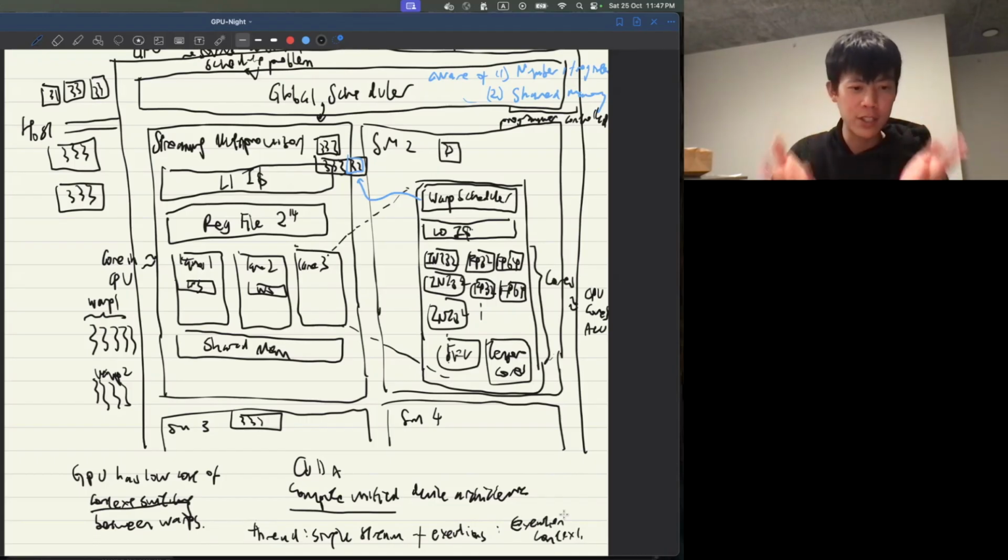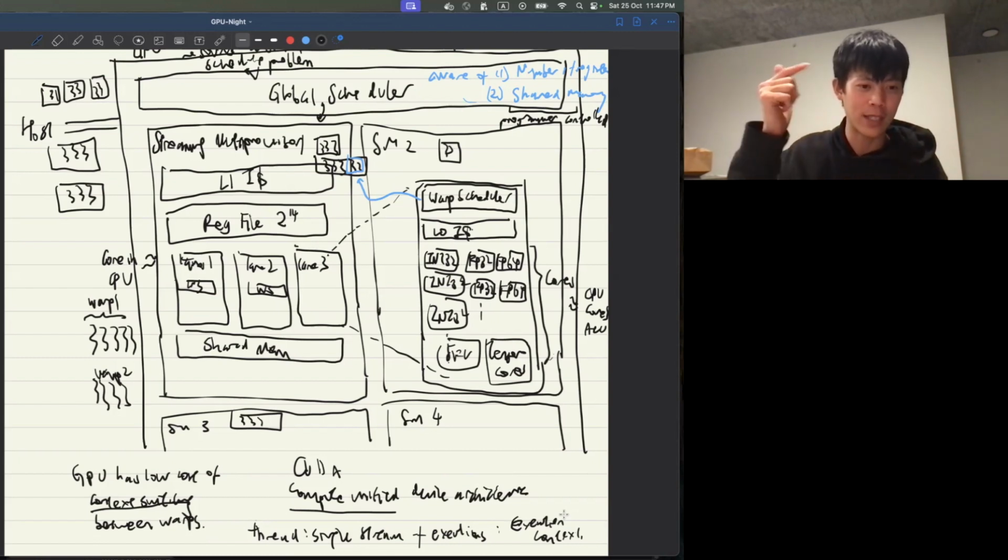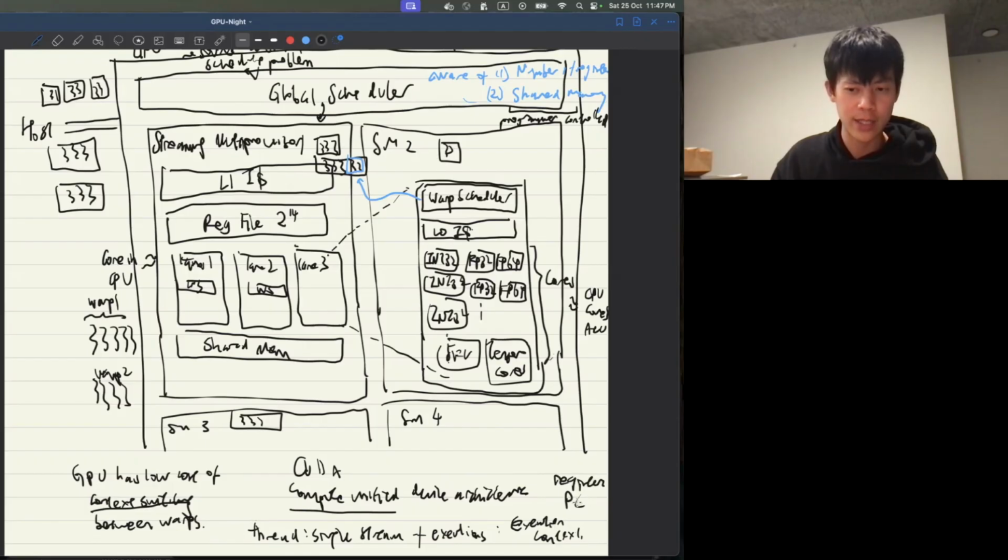For example, imagine yourself as a thread. You have a list of instructions, but you need to know where in the list you're at, right? So that's a program counter. The program counter is an execution state. You also need your working memory, like what have you done before? So that's your registers in your register files, etc. You need some execution context.